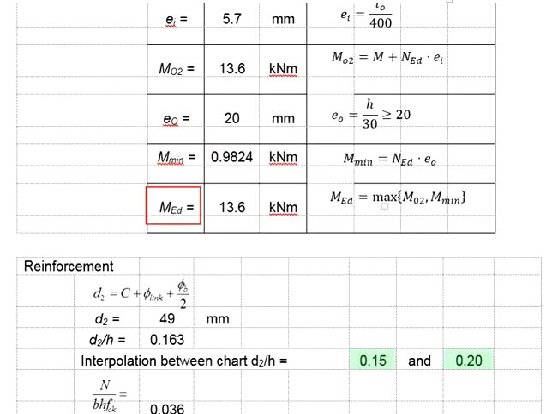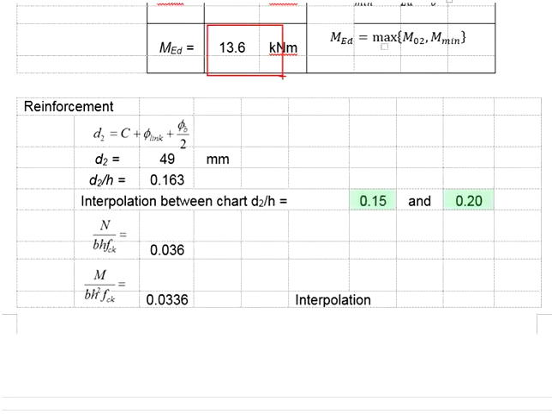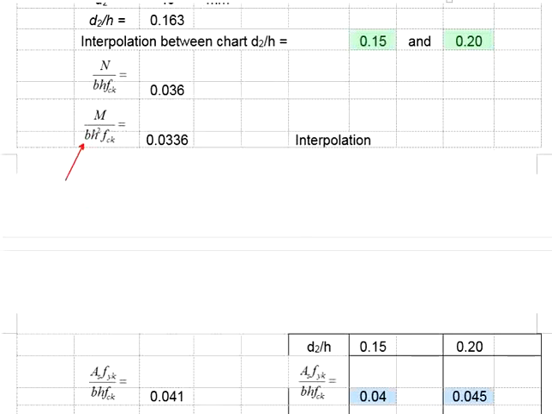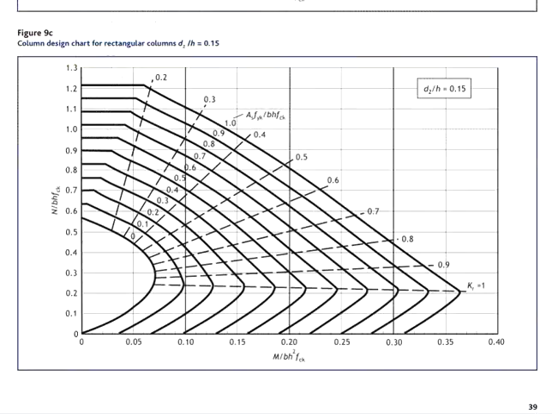This MEd is inclusive of the moment due to imperfections. 13.6 kN·m divided by b 150, h 300 squared and fck 30. That gives you 0.0336.